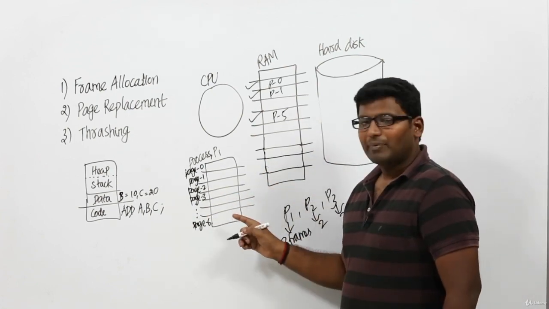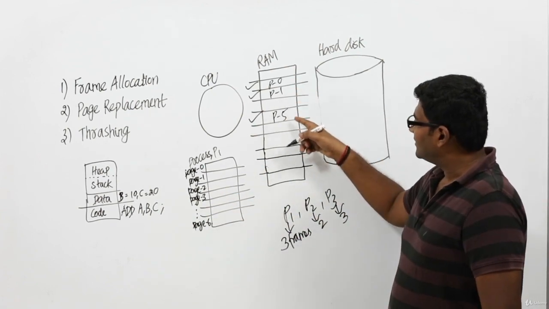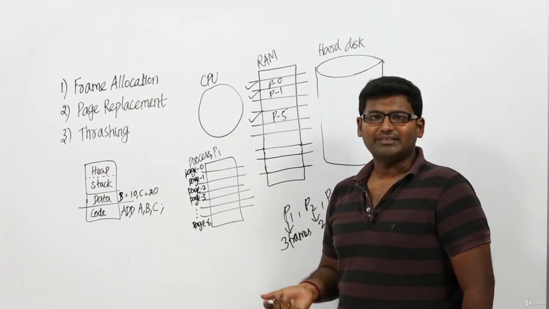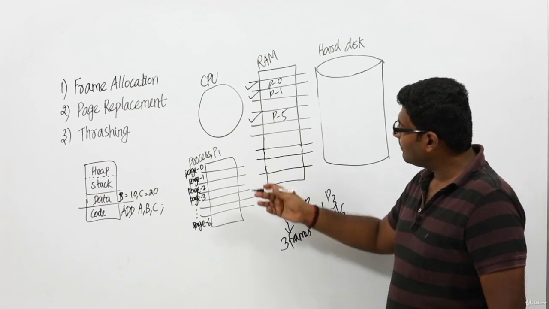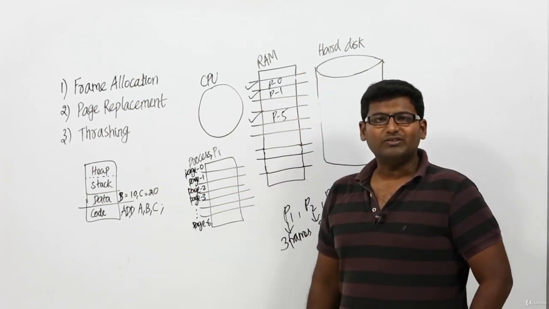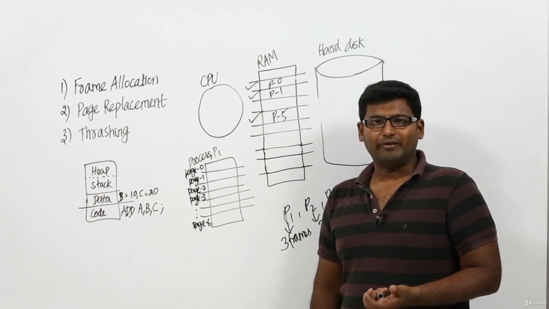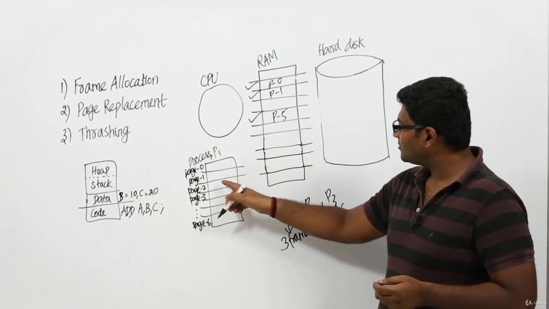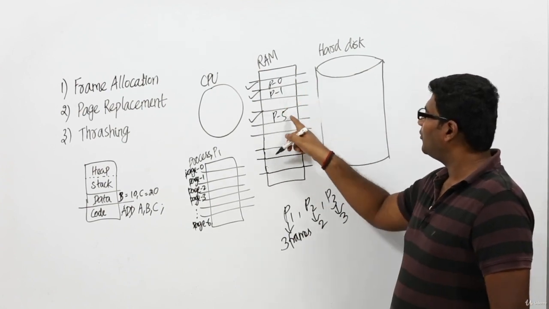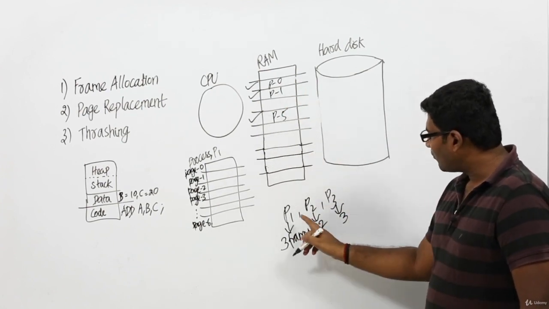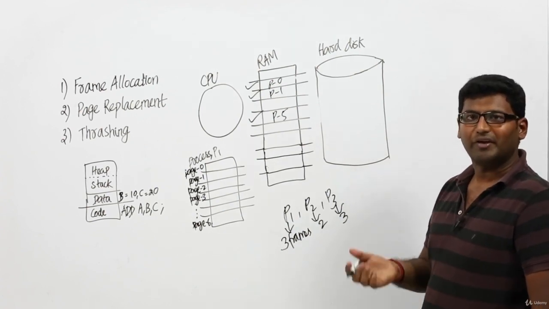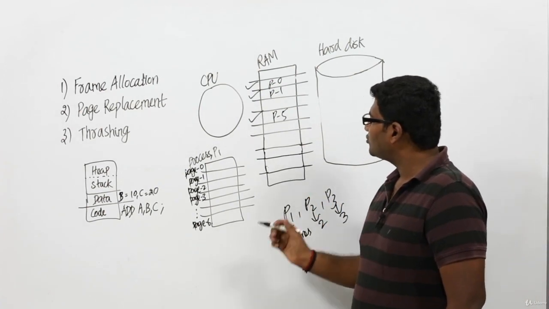We cannot simply place page number 2 over here, because already 3 frames have been utilized for process P1 and only 3 frames have been allocated for process P1. So you cannot use more than 3 frames.